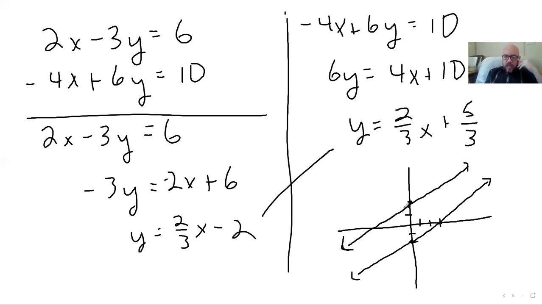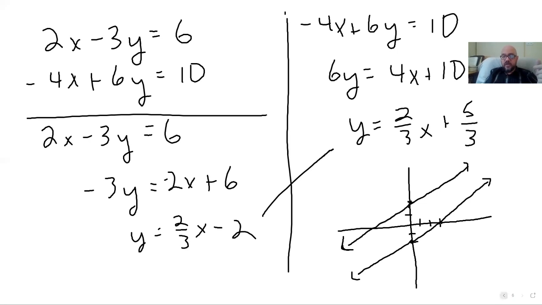And so we can see that they will never meet because they don't go through any of the same points, and they're going the same direction. So they're just going to keep going in that same direction without ever touching. So there are no solutions to this system of equations. And notice that no solutions and infinite solutions are actually quite similar, right?